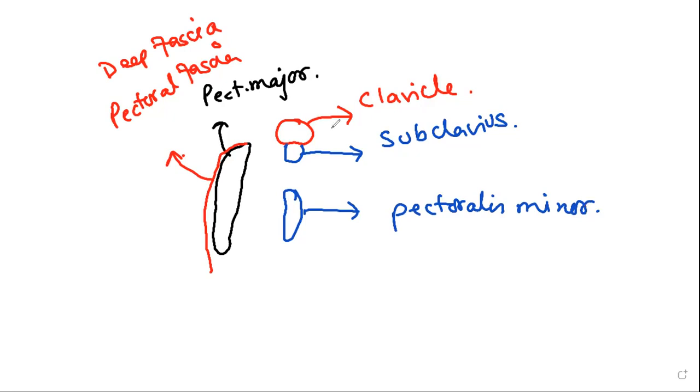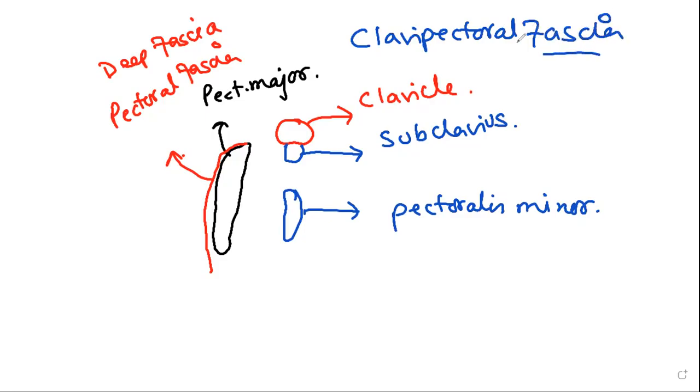Now see here. What is clavipectoral fascia? We must know what is clavipectoral fascia and which structures are piercing the clavipectoral fascia. So see here, this is your clavipectoral fascia. This fascia is going downward like this. Now it is covering the subclavius muscle, and it is covering your pectoralis minor muscle also.